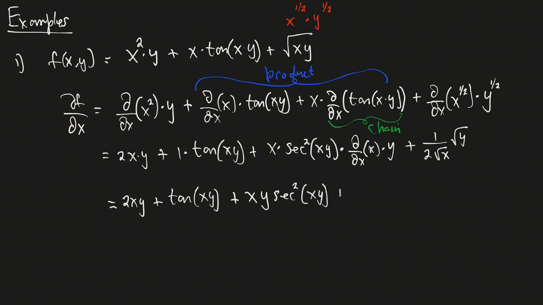And then finally plus, and then here I can write this as a single fraction, the square root of y over 2 root x. And there we go. So this is the first partial derivative of this function with respect to x, right? Let's see what it looks like if we do with respect to y.